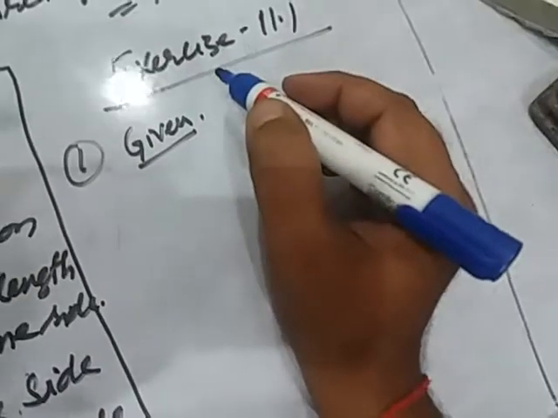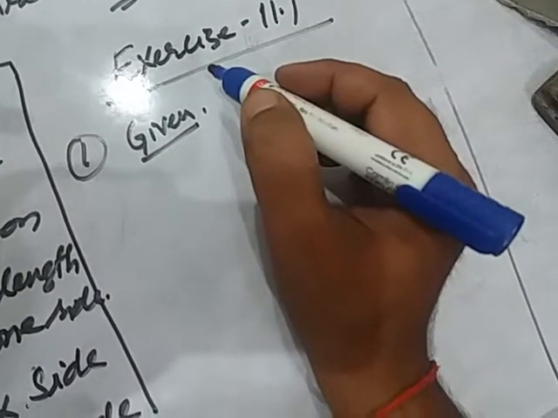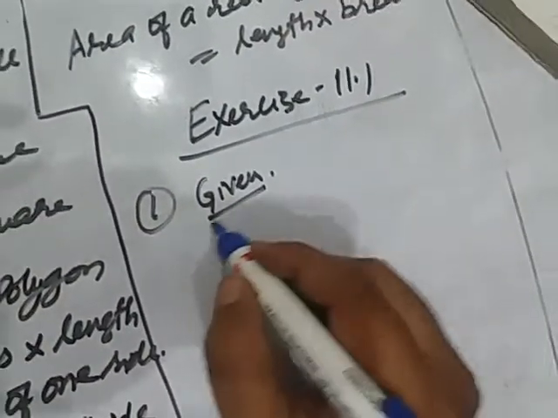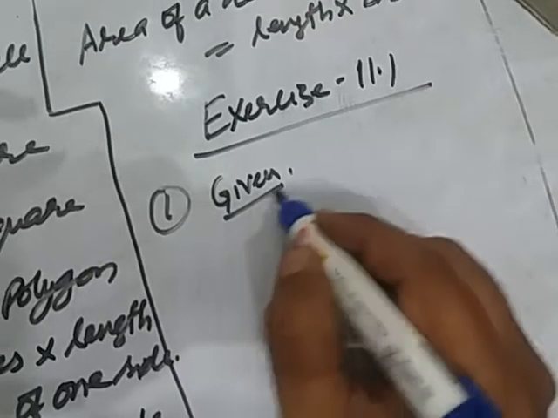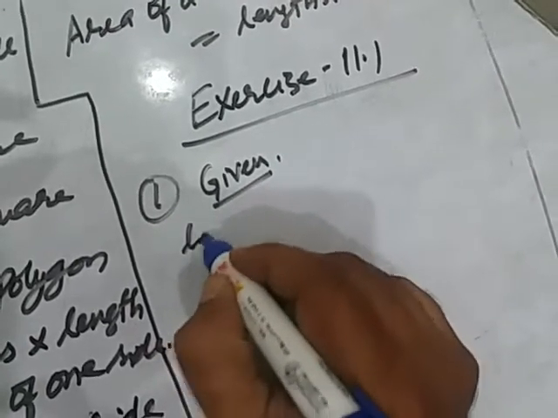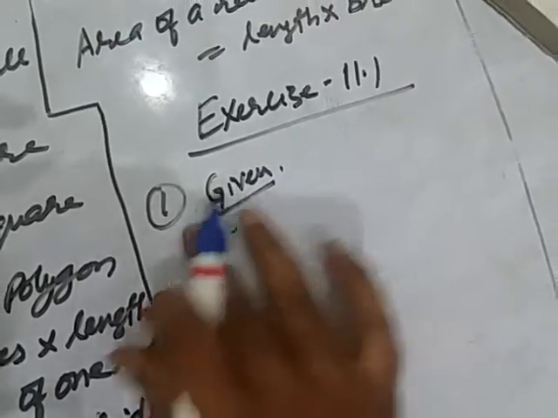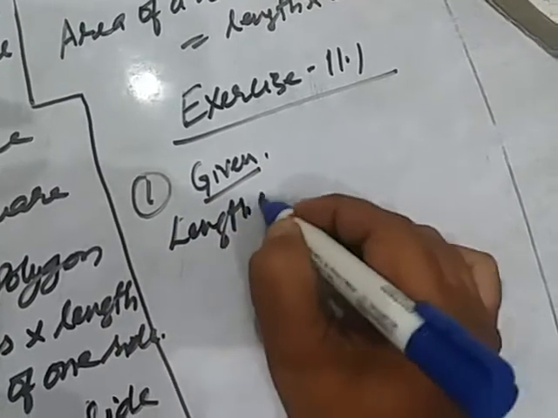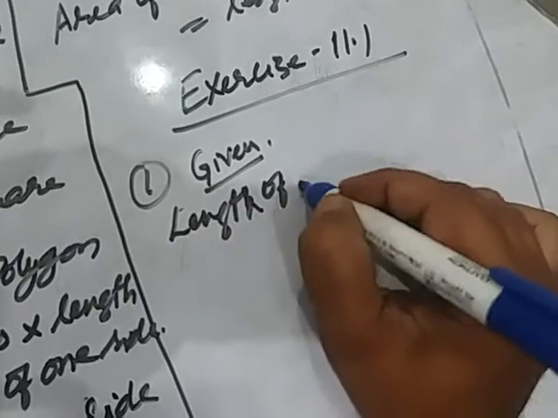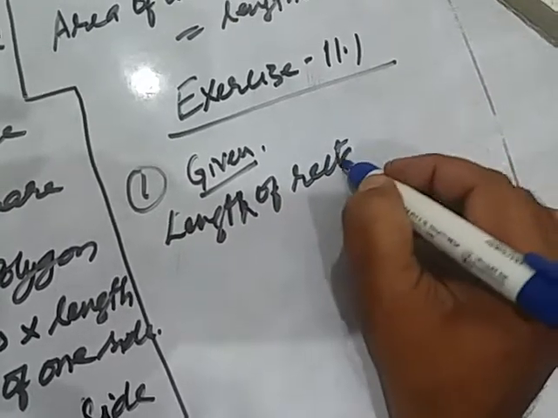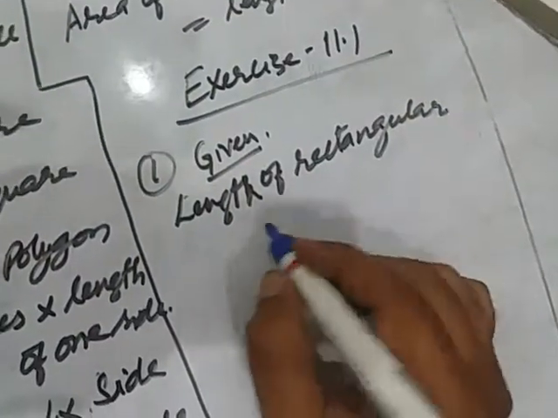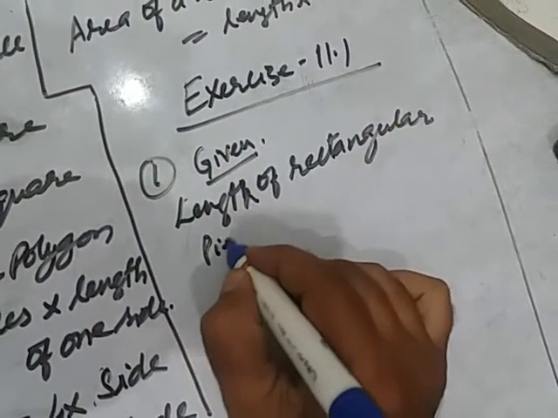The length and the breadth of a rectangular piece of land are given.